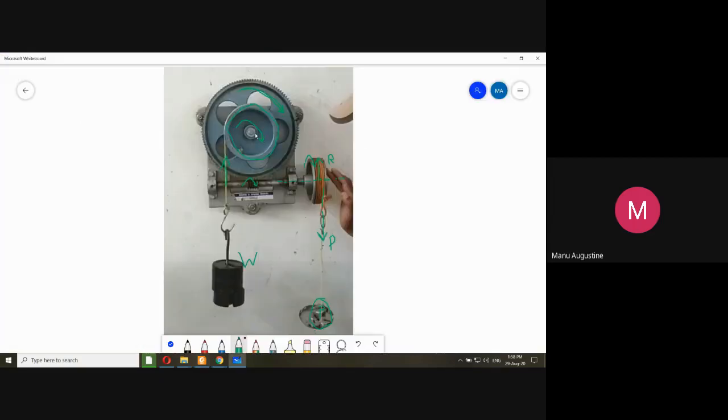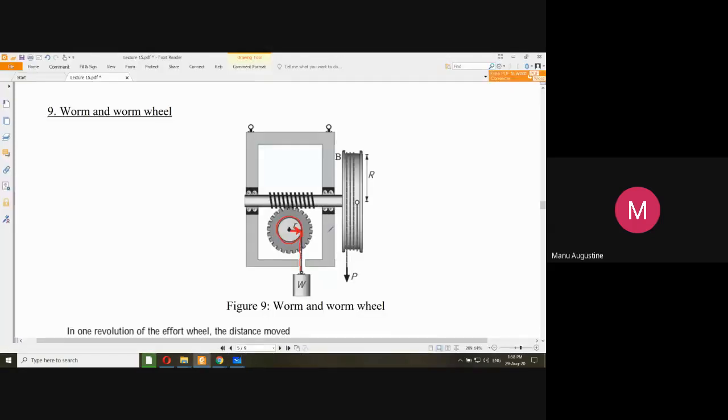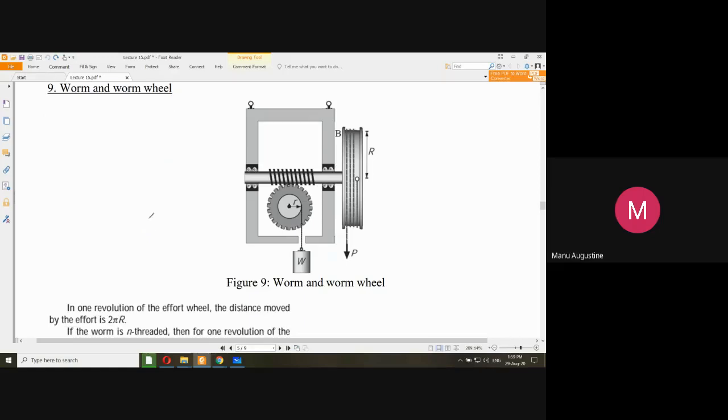Or in other words, I can say that only this much is my small r. This is my radius. Okay. So this is capital R, this is small r. And now let us come back to this image. And now we are ready to do the derivation.